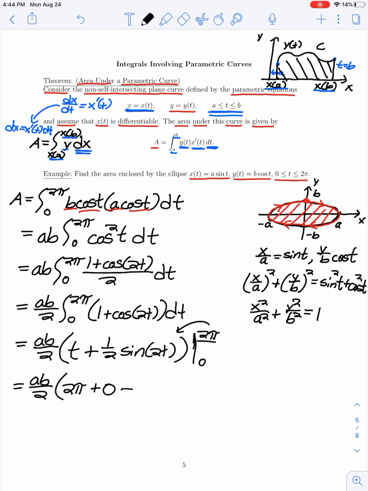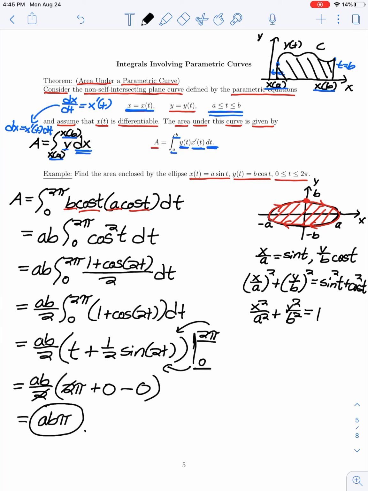And then we subtract what we get when we substitute 0 in for t. So we would have 0 plus sine of 0, which is 0. So we're left with ab over 2 times 2 pi. Our 2 and division by 2 cancel. And so we are left with ab pi.